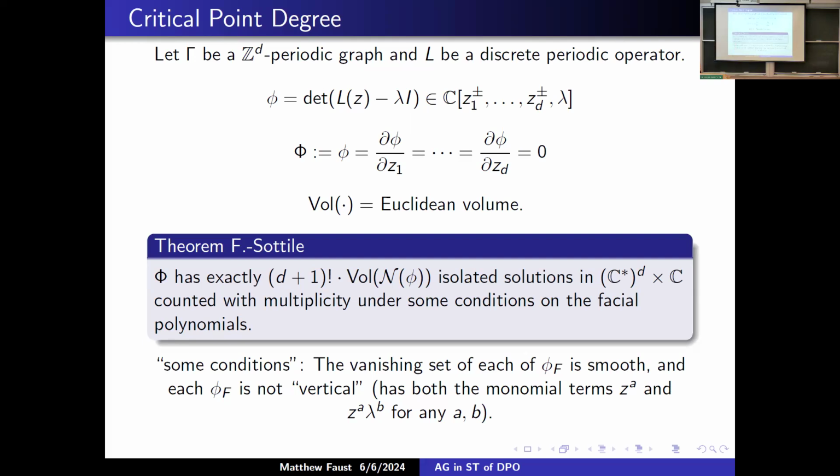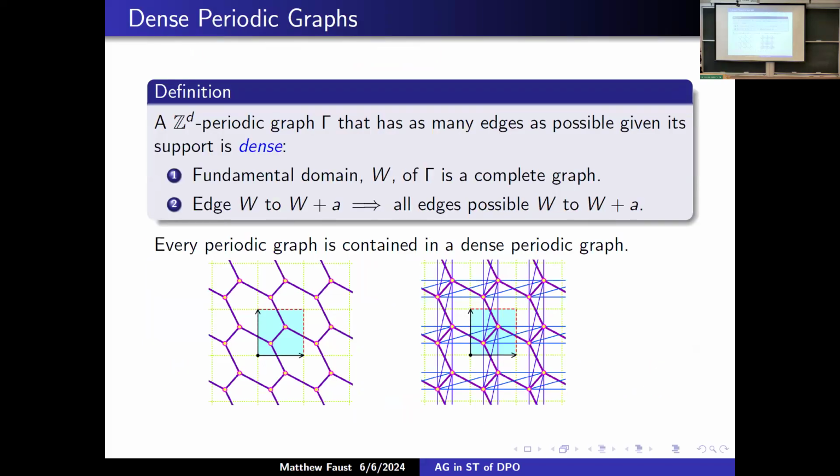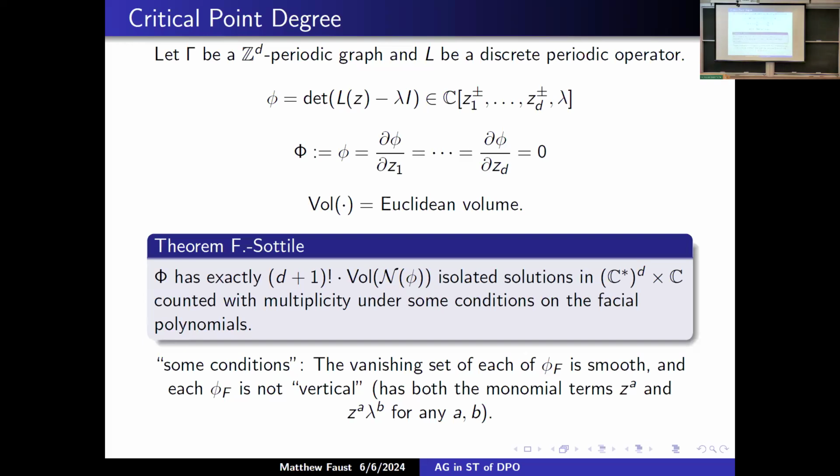In order to talk about those, I need to tell you what a dense periodic graph is. Oh yeah, this is also an upper bound, and part of the theorem is to show that this number is in fact equality. Basically, we want to come up with examples where we achieve equality.